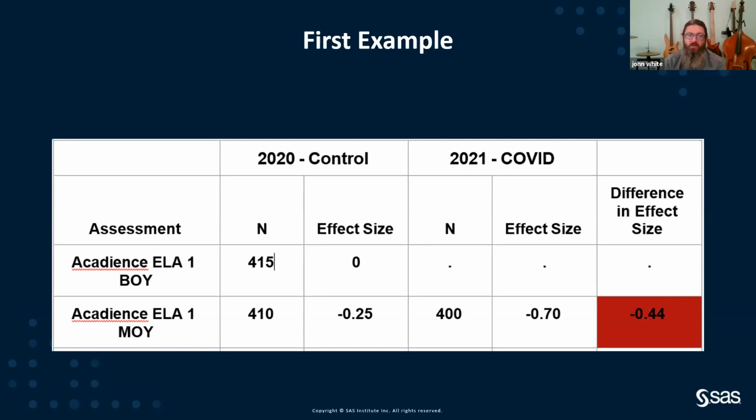I would encourage you then to look also at the student group data, because maybe while you didn't see a difference with your overall average, you saw a difference with your economically disadvantaged students, or you saw a difference potentially with one of the racial categories, or students with IEPs or something like that. And you will still have comparisons again to the control group for that same set of students and the COVID group for that same set of students.